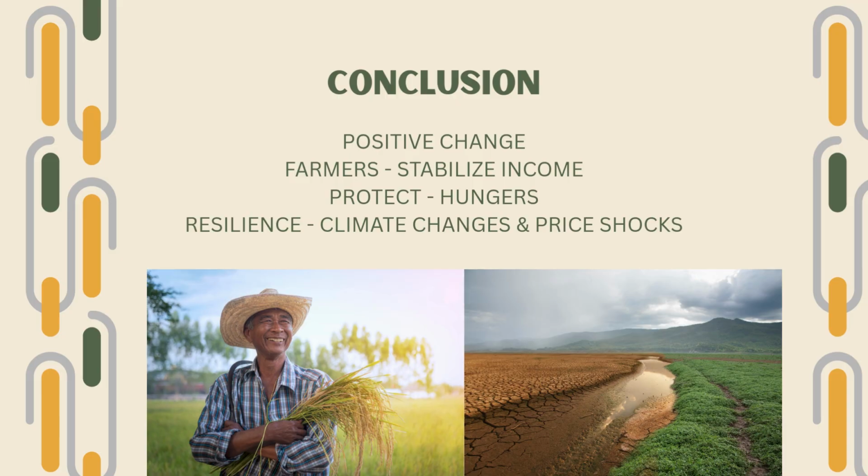They can help farmers stabilize their income, protect communities from hunger, and build resilience against climate change and price shocks. And of course, there are limitations and challenges, but with the right support, derivatives can be part of the solution to achieve zero hunger by 2030.